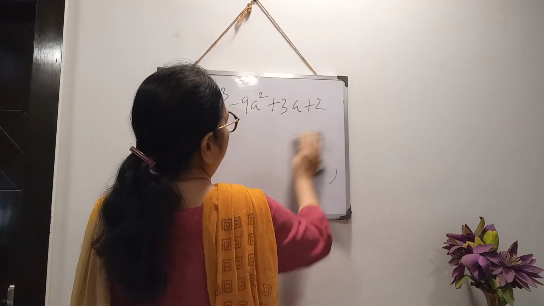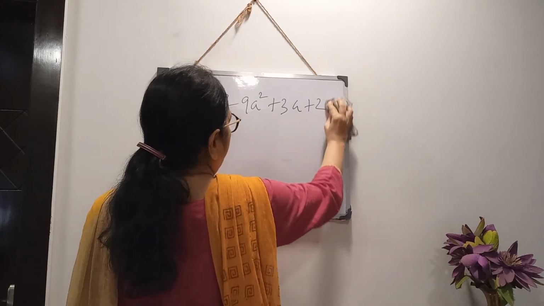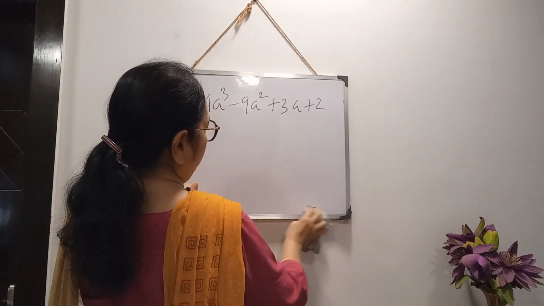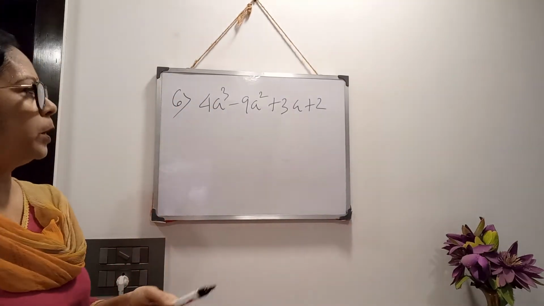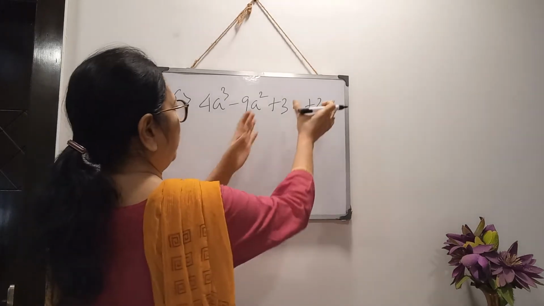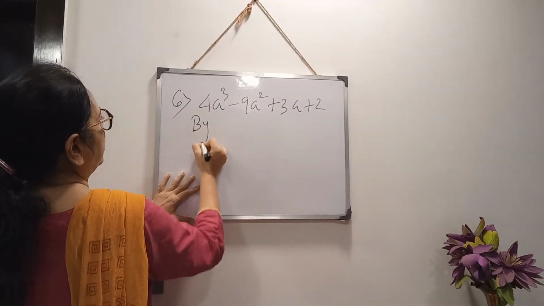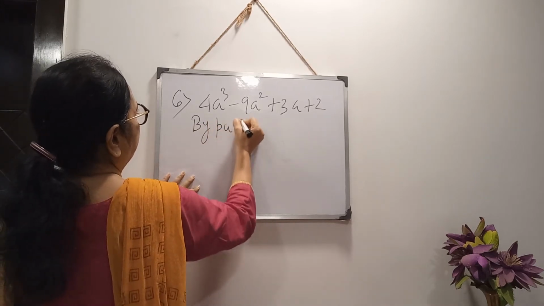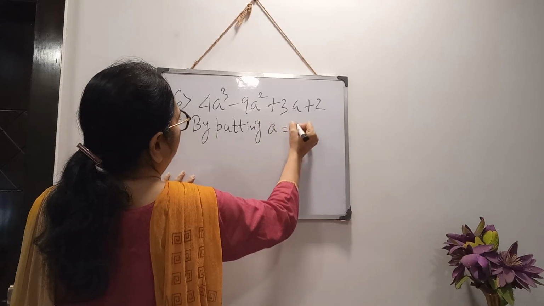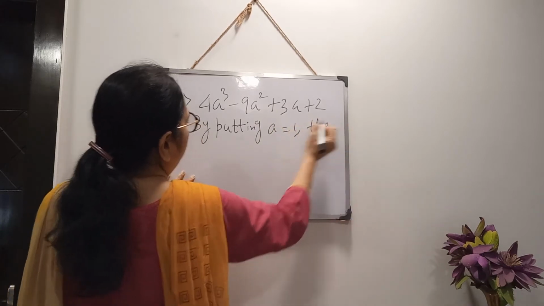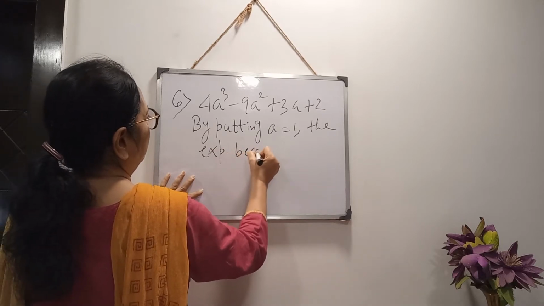By putting some value of a, there may be x or y, some value of the variable, the whole expression is becoming 0. You have to find out in rough. So here you write, by putting a equals to 1, the expression becomes 0.